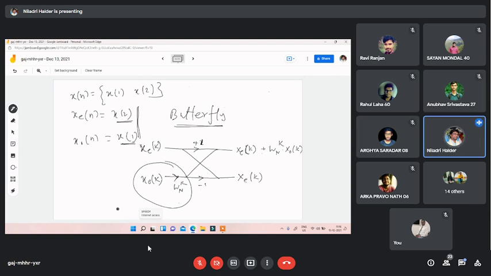For this minus 1, you will get minus WNK XOK. That will be your butterfly's output. Always keep in mind, if these two are input, first value plus second value multiplied by that w value will be the first output of the butterfly, and the second output will be first value minus second value multiplied by that w value.